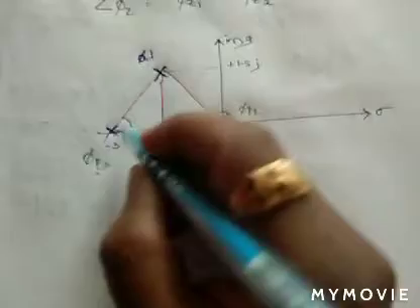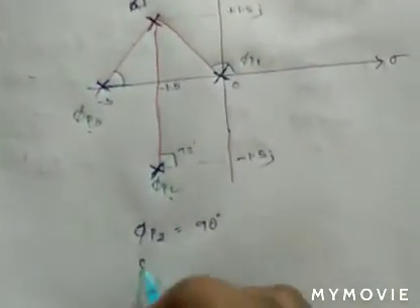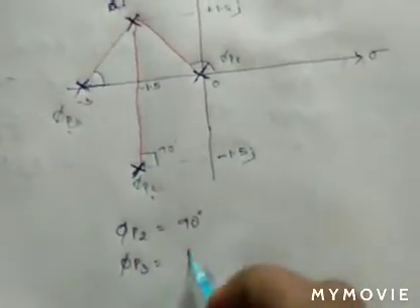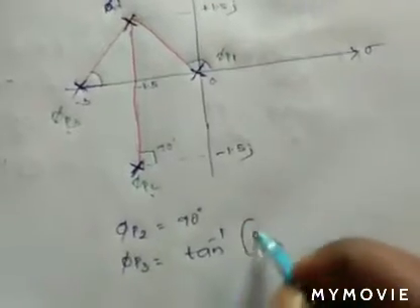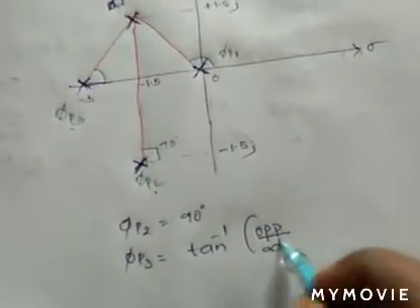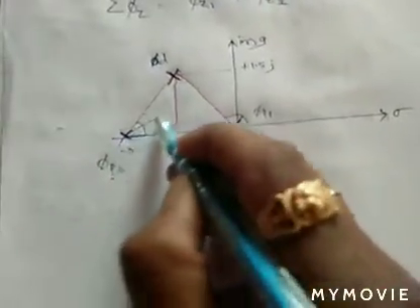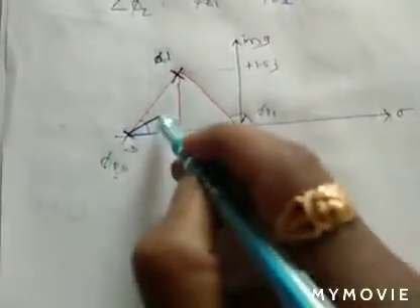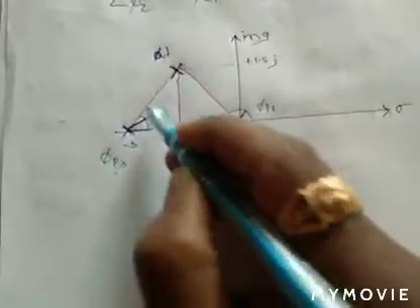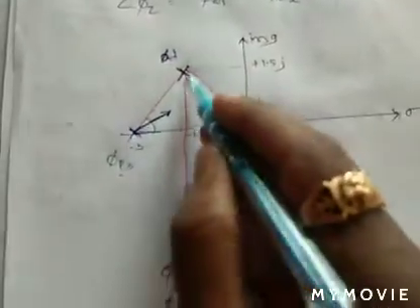Similarly, to find phi p3, the formula is tan inverse of opposite by adjacent. In between these two lines we need to find the angle. In the middle we draw one line which shows the opposite.